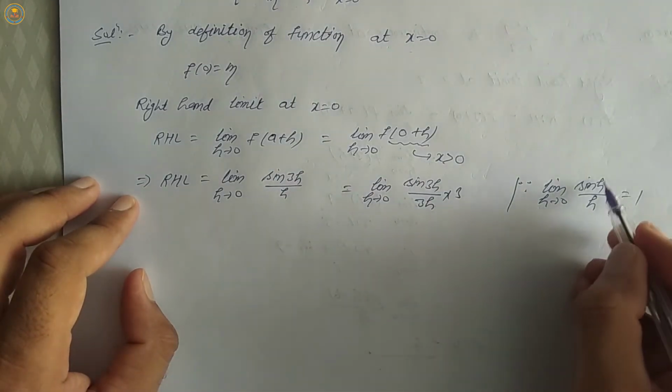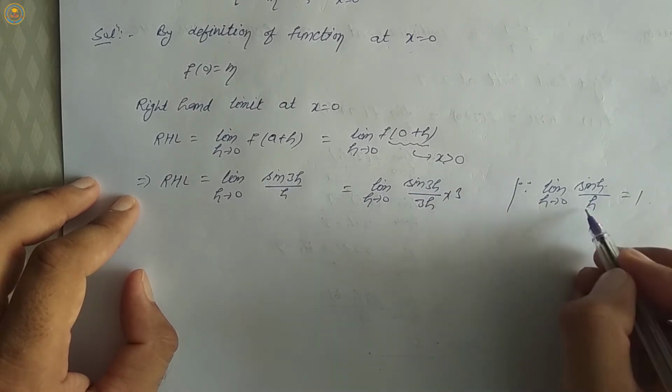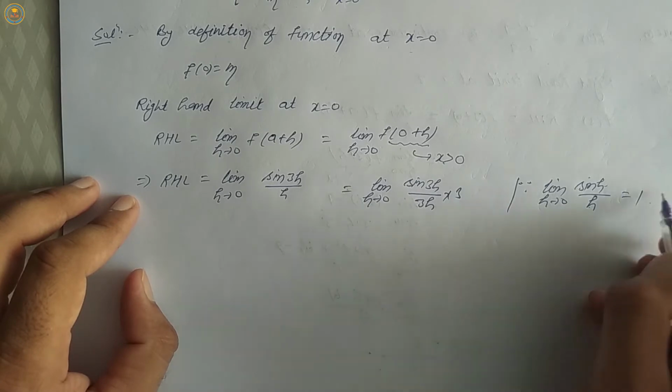Sin h/h same. Equal to 1. Sin 2h/2h is 1, sin 3h/3h is 1, sin 4h/4h is 1, sin 9h/9h equal to 1.